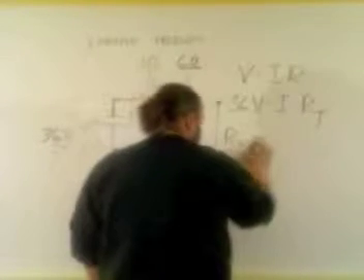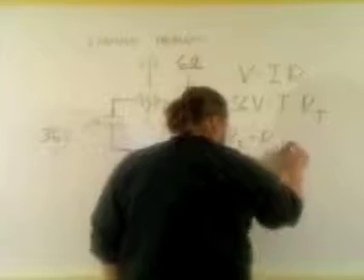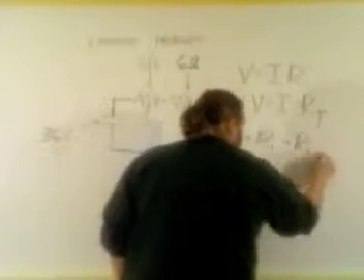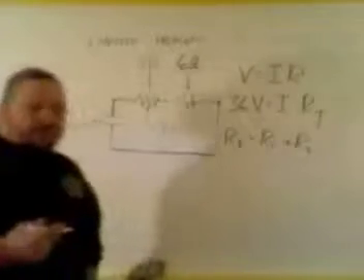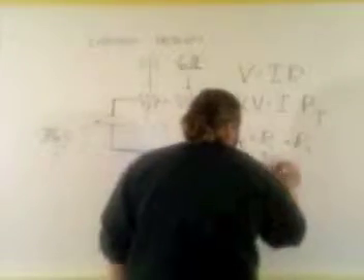Now, in the previous video, I said in series, resistors are additive. Okay? So that means that the total resistance is 3 ohms plus 6 ohms, or 9 ohms of resistance.